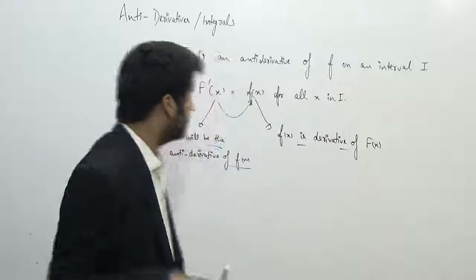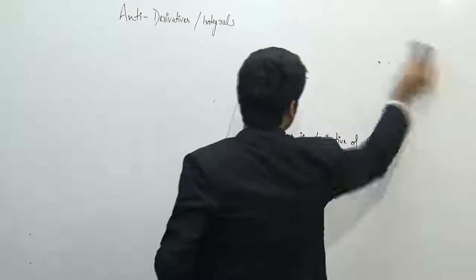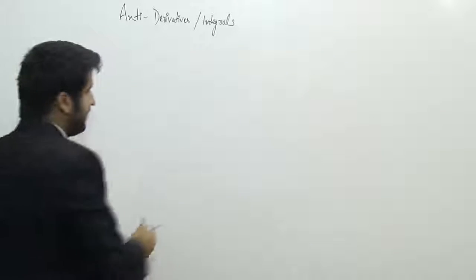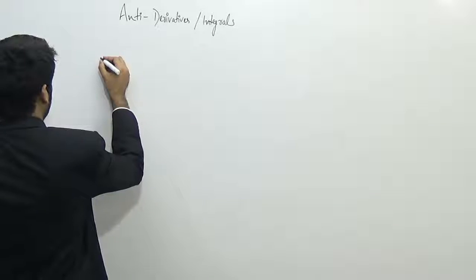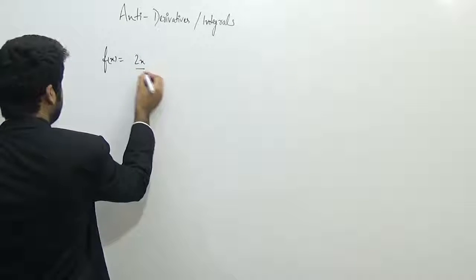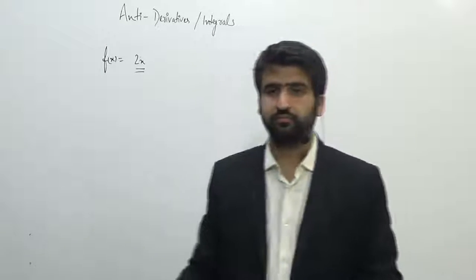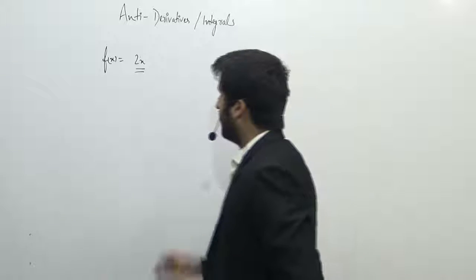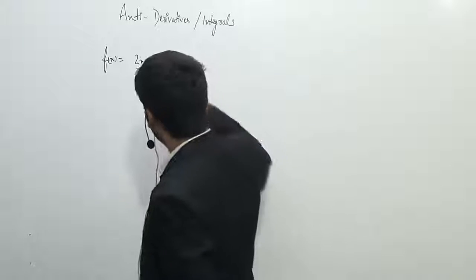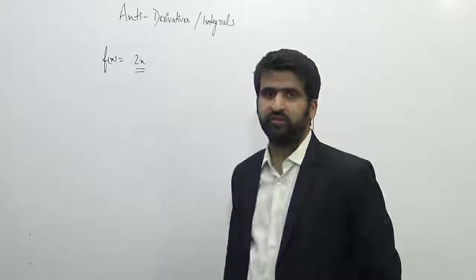So let's understand the concept of antiderivatives with examples. The first example is f x is equal to 2x. Can you tell me, guys, what is the antiderivative of f x equal to 2x? Just remember the definition: if I do the differentiation of that antiderivative function, I will get 2x.